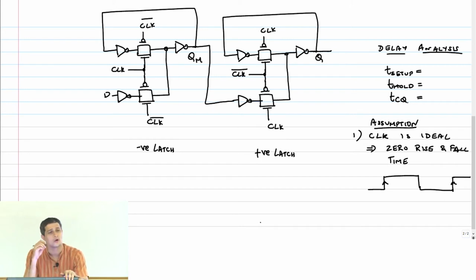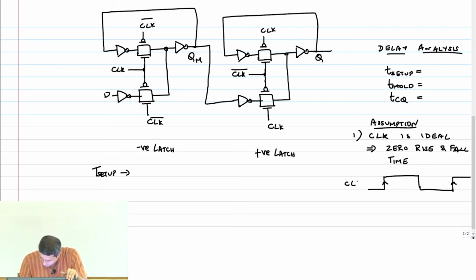Let us now look at T setup. What is setup time? It is basically the time before the clock edge when data should have stabilized in order to be sampled correctly.